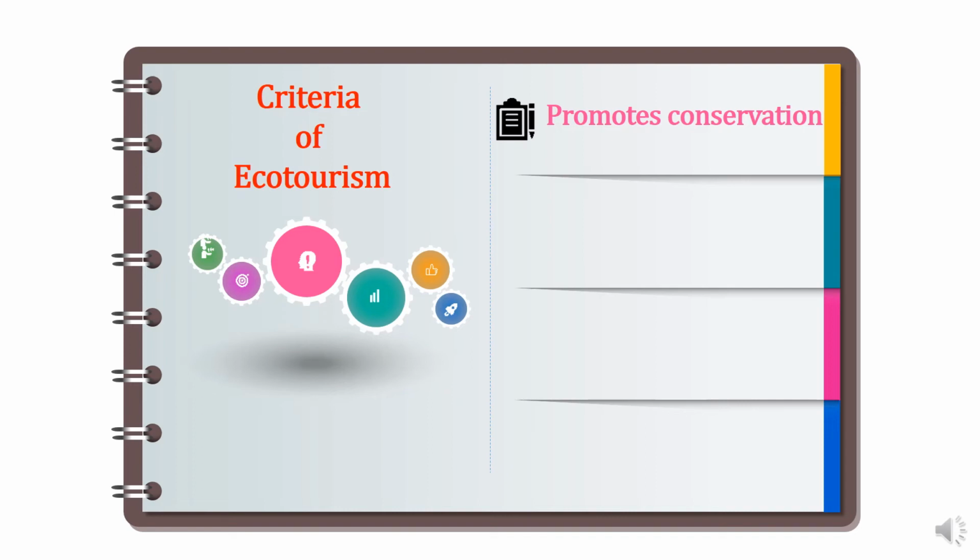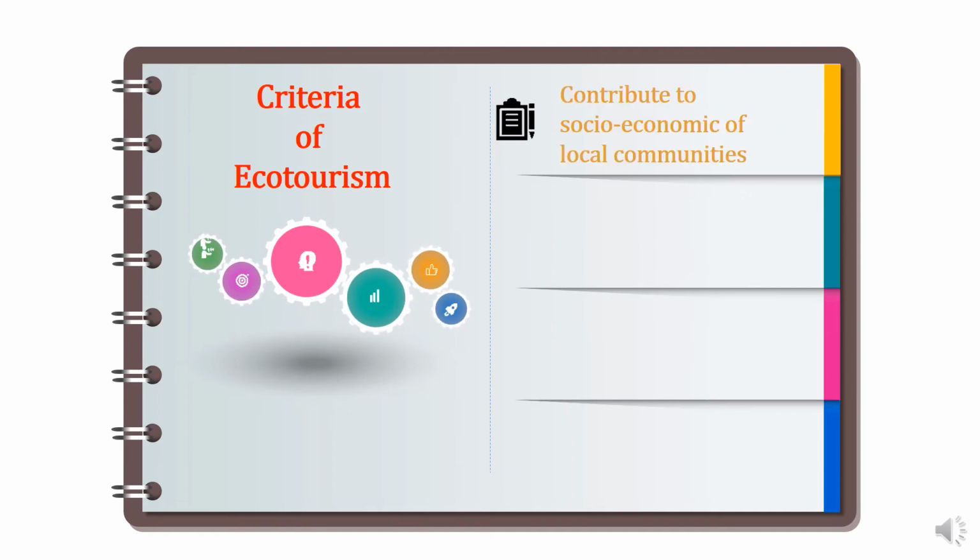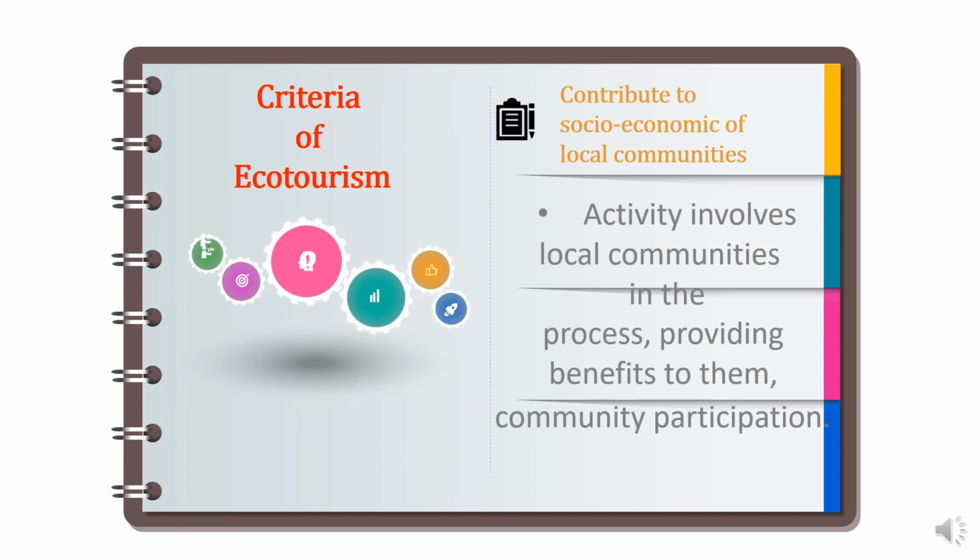Okay, next is promote conservation. Tourism activity in conserving the natural and cultural heritage. So if we don't promote it, the conservation won't be done. Contribute to the socio-economic of the local community. It's really important because the ecotourism place also has local communities that stay there.